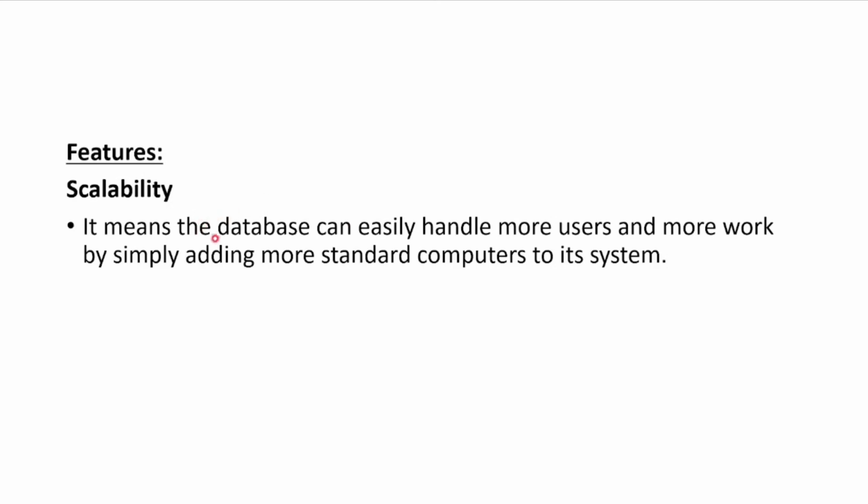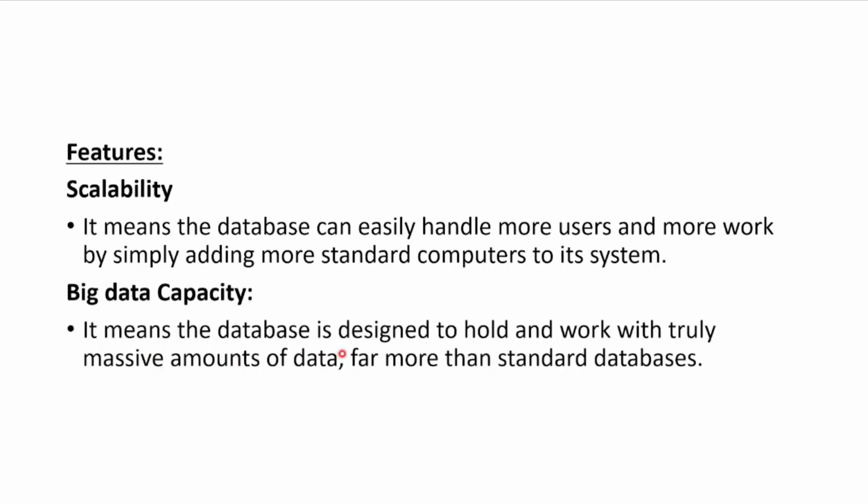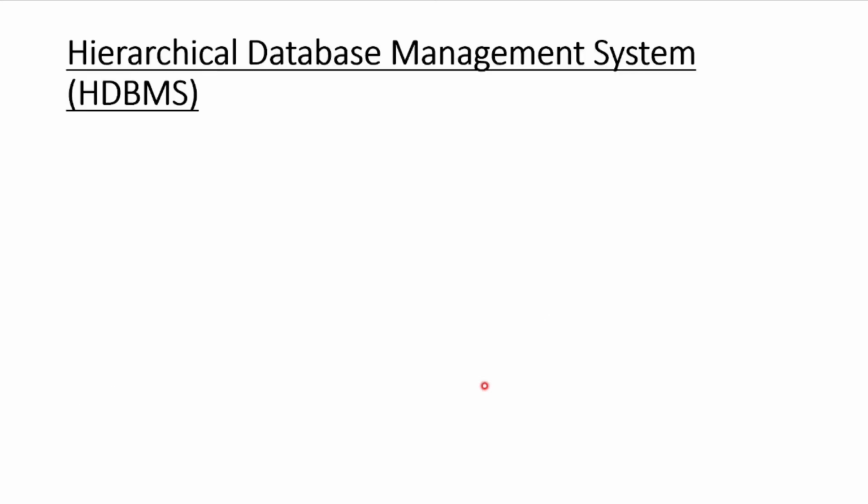Scalability means the database can easily handle more users and more work by simply adding more standard computers to its system. That means it can be expanded. Similarly, big data capacity means the database is designed to hold and work with truly massive amounts of data, far more than a standard database. So it has fast performance.